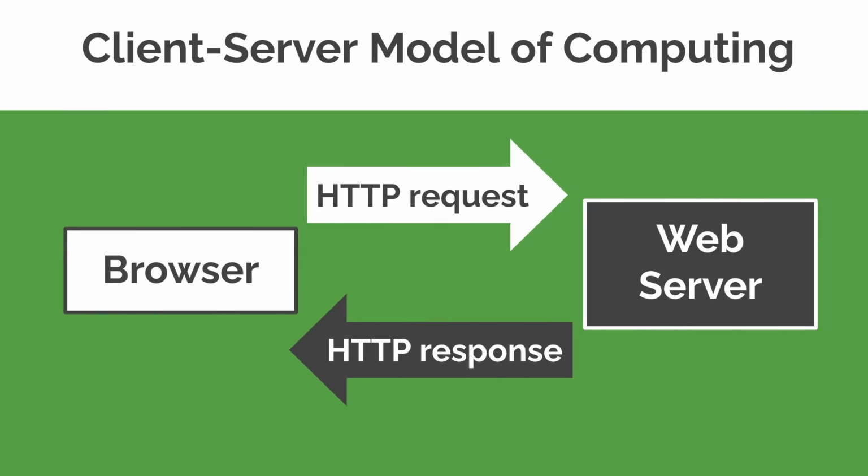So in terms of a website and web development, the browser is the front end. It's the client. Whenever the user pulls up their browser and types in your website, they're instantly going to become a client. Now, the web server, that's the behind the scenes of your website. There is one web server, and then there are multiple clients. So any client that visits your website will connect to the same web server.